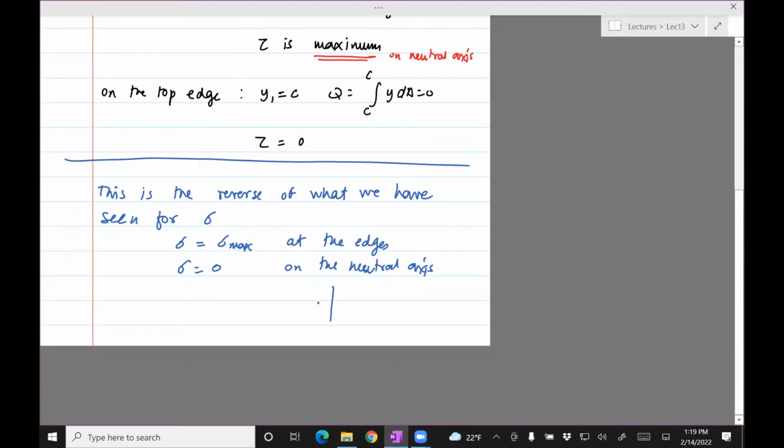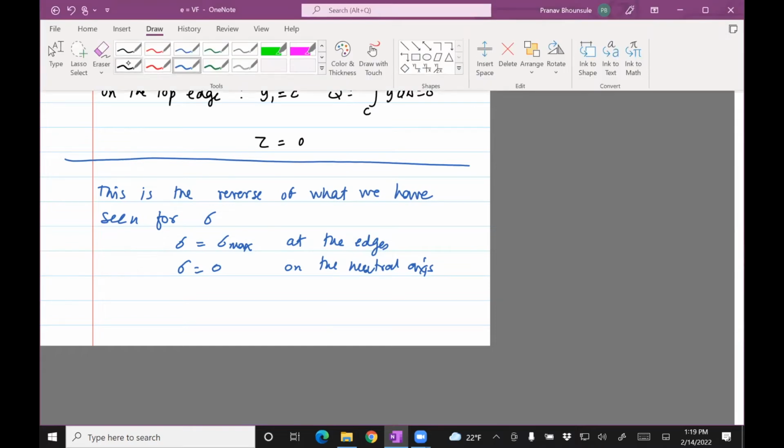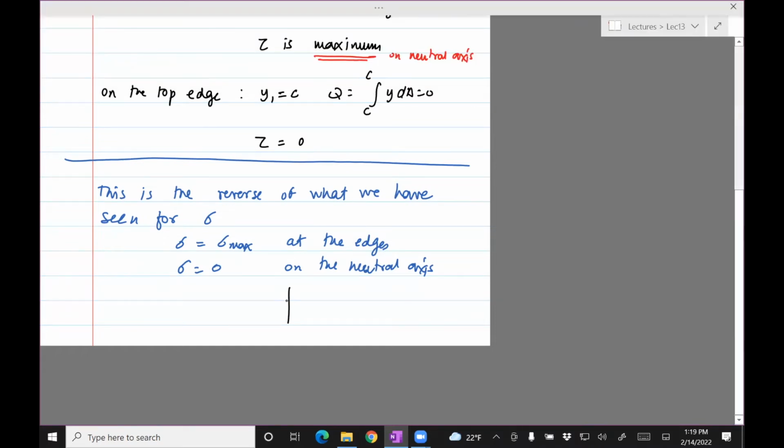Remember, we drew this figure showing the stresses for normal stresses. 0 on the neutral axis, but it's compressive on one side, and then it's tensile on the other.